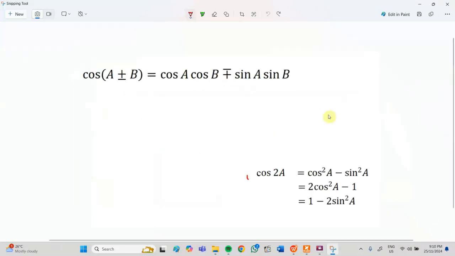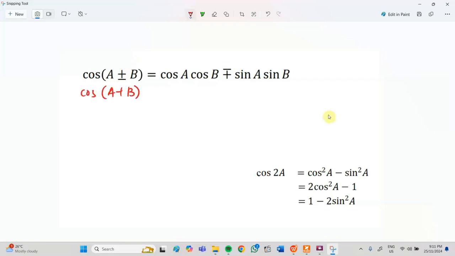Likewise, for the second formula, cosine 2A, we also take the positive part, which is the upper part of the symbol given here. If you take this, you have to take this. So we start with cosine (A plus B).